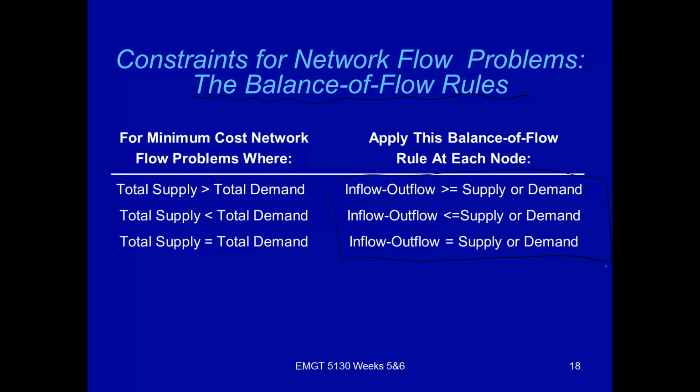The main reason that we want to use this balance of flow rule is that when a network problem only has constraints that conform to this balance of flow rule, plus some simple upper or lower bound constraints, then, if the problem has integer coefficients, we will be guaranteed to get integer solutions.